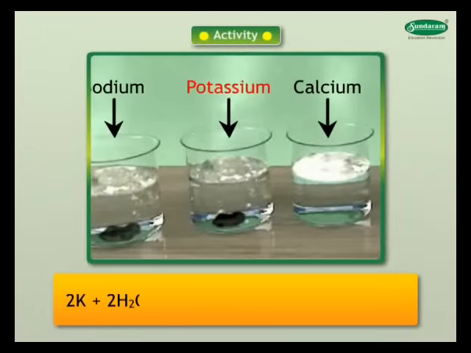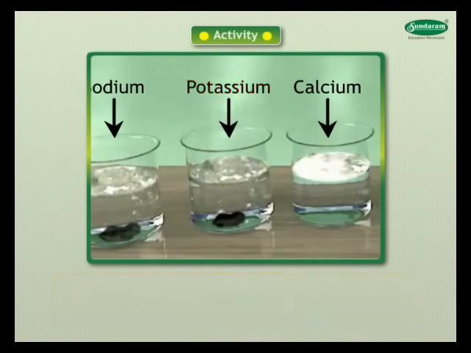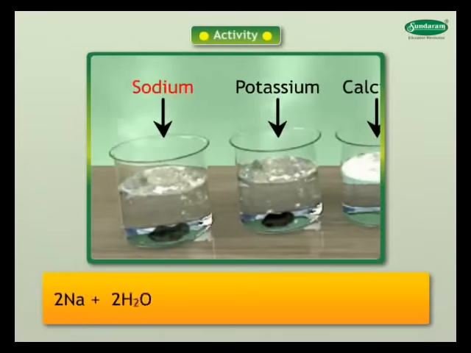2K plus 2H2O gives 2KOH plus H2 gas is evolved plus heat energy. 2Na plus 2H2O gives 2NaOH plus H2 gas is evolved plus heat energy.